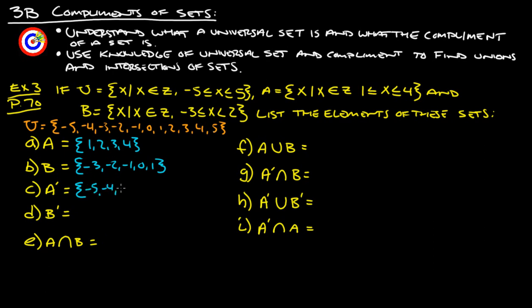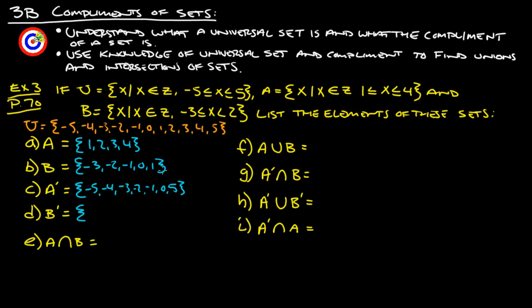And then also 5. So -5, -4, -3, -2, -1, 0, and 5 would be the complement of set A.